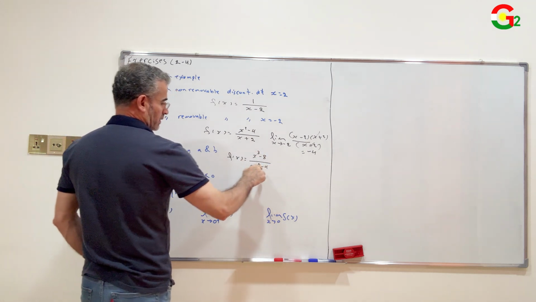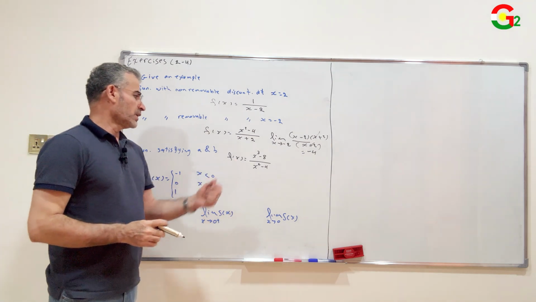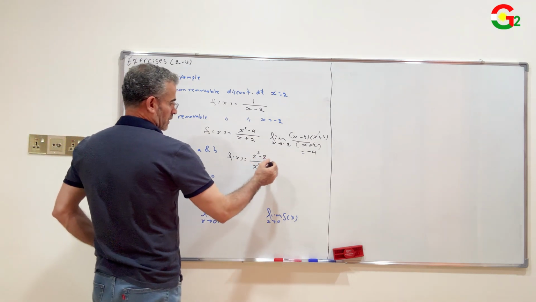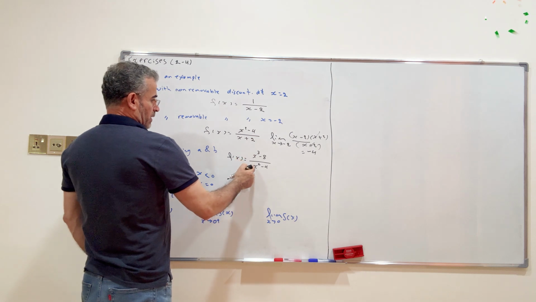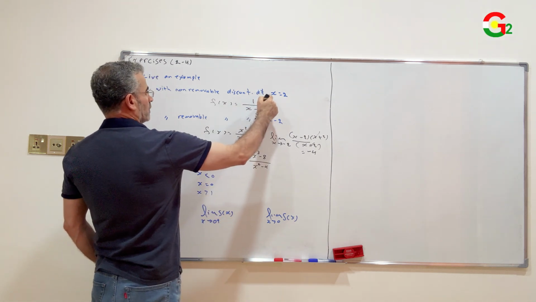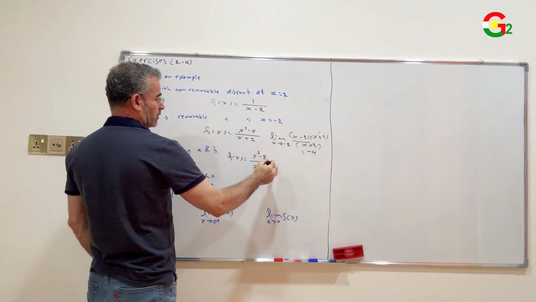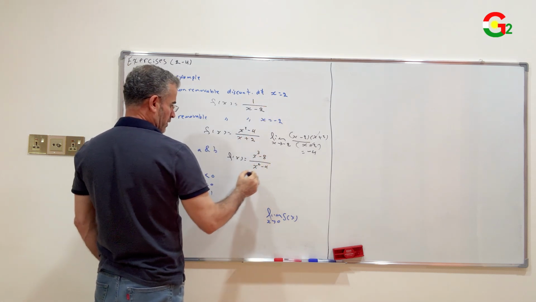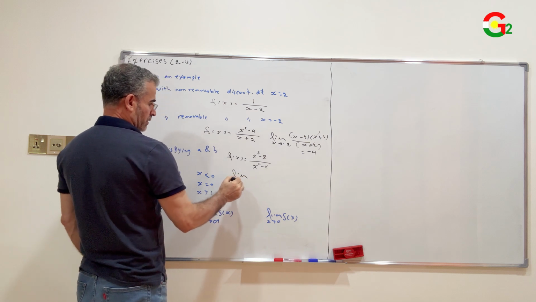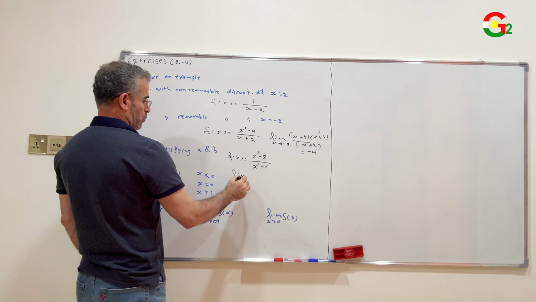This function has two discontinuous points, x equals 2 and x equals -2. And this function has a removable discontinuity when x equals 2. Let us check the limit when x approaches 2.